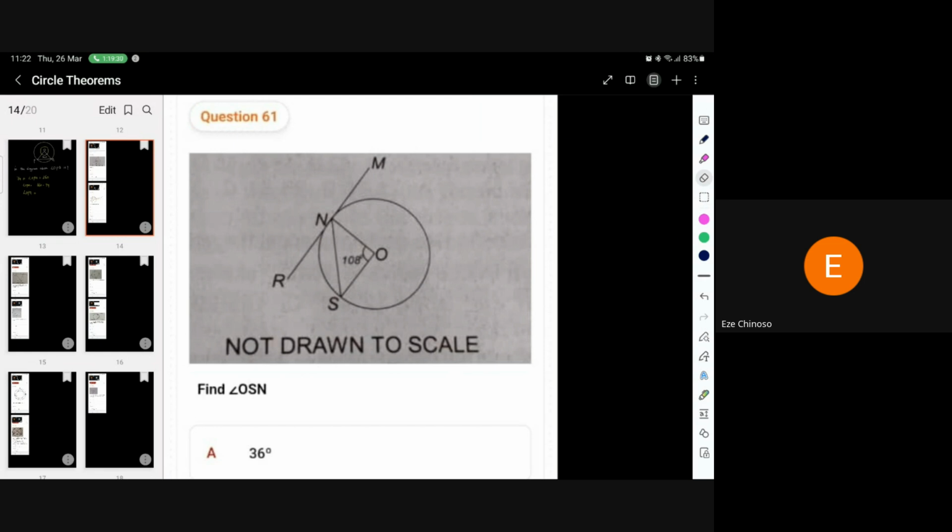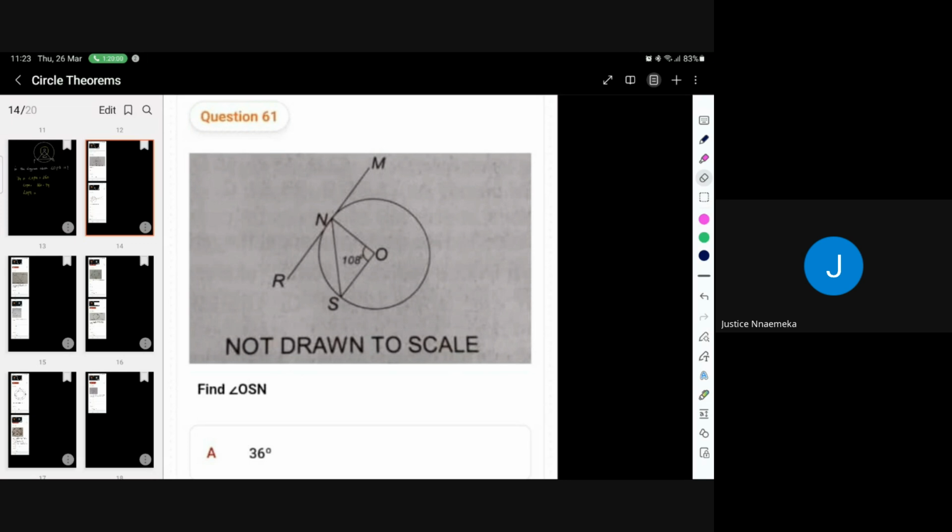Okay, that's interesting as well. If we are to find OSN, let me think about the best possible route. What I'm thinking about now is the methods that we're going to bring in. What are the methods? Now, that thing is 108, right? Okay, good. I have a suggestion. Okay, go ahead.